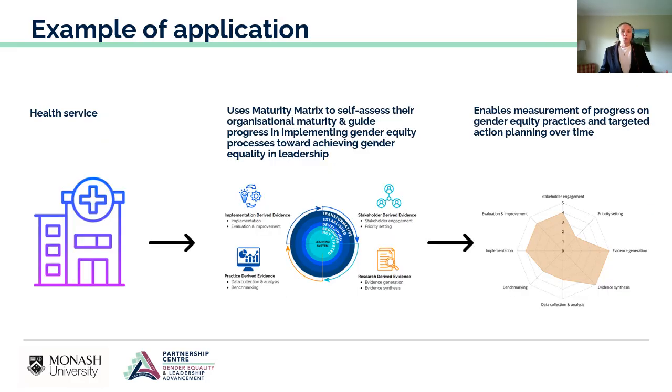So overall, the maturity matrix aims to guide organisations. It helps them to measure and benchmark their organisational maturity on gender equity practices. It helps them to focus on systems and organisational evidence-based practice and culture change.